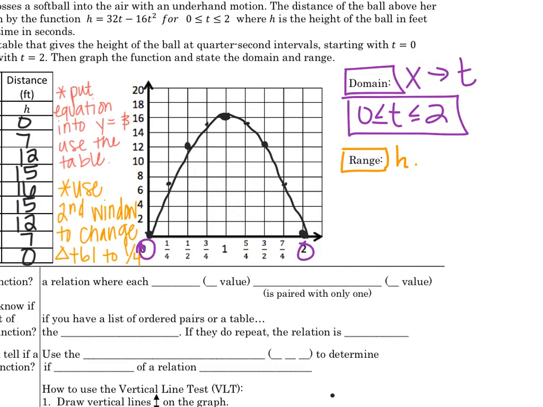So use a different color. Go from 0 to 16. So my height has to be between 0 and 16, but it's everything included. That's why I use interval notation. Or we can use 0 is less than or equal to h, which is less than or equal to 16.